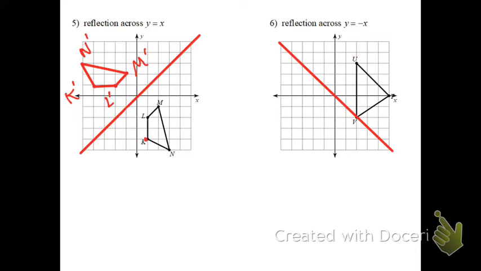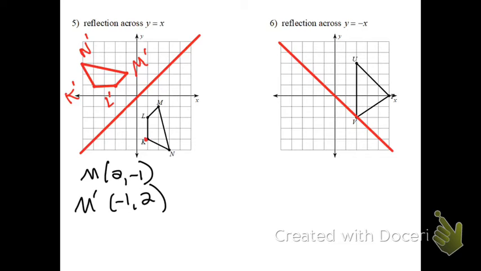So how would you find a rule? Pick any one of these points. Start with the original M or the original K or whatever. Okay, if I start with M, my original M had coordinates right 2, down 1, so 2, negative 1. Now let's compare that to M prime. M prime, my new M, has coordinates negative 1, 2.